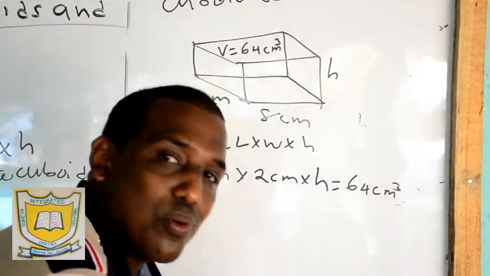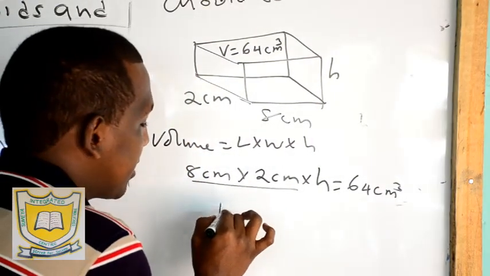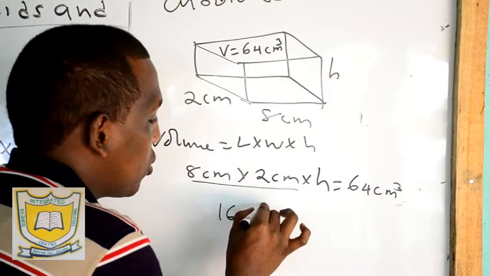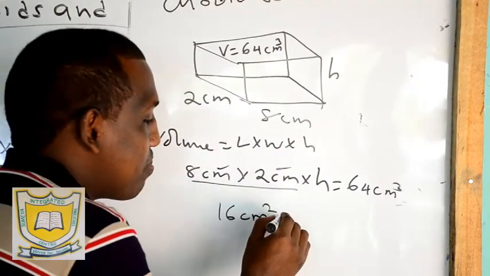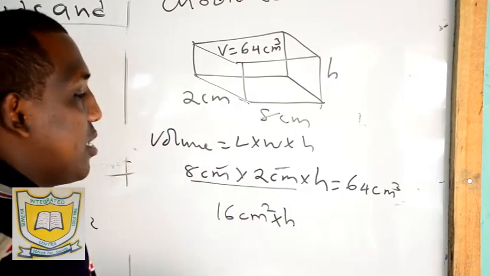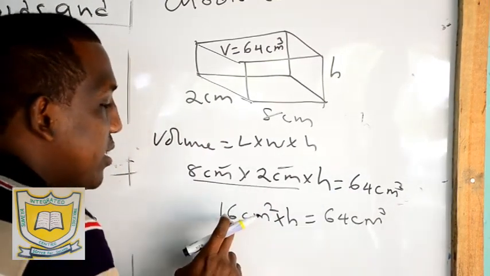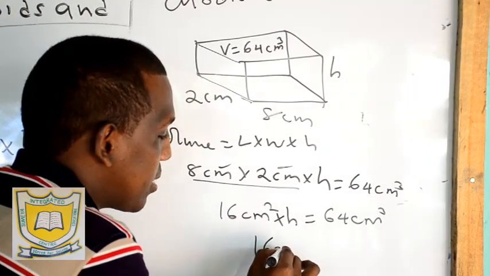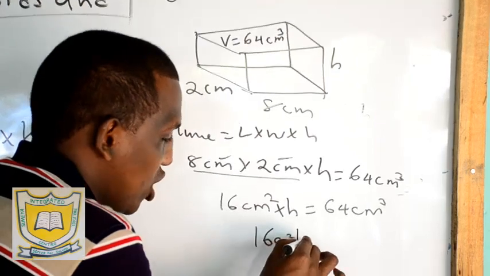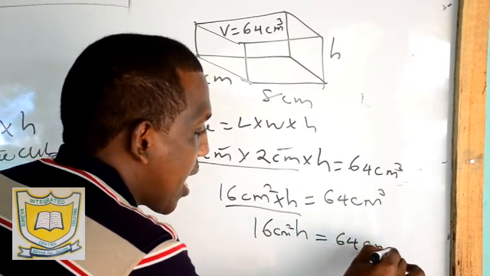We multiply now. 8 times 2 is 16 centimeter squared, times h is equal to 64 centimeter cube. So 16 centimeter squared times h is equal to 64 centimeter cube.